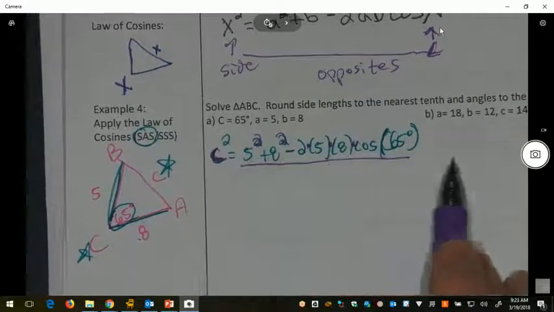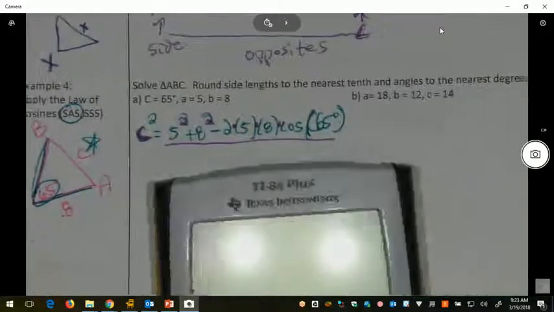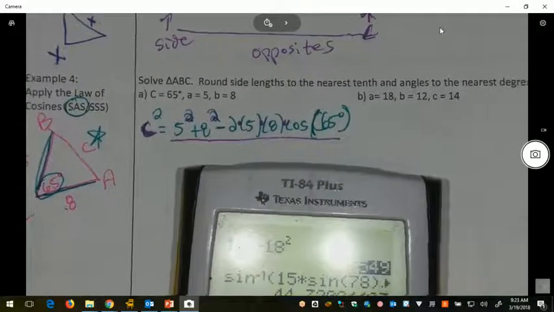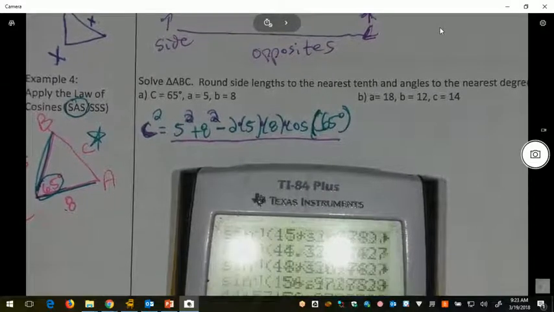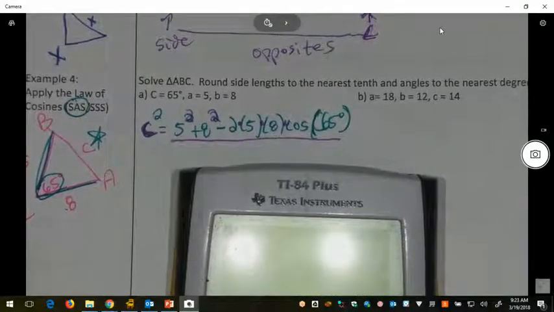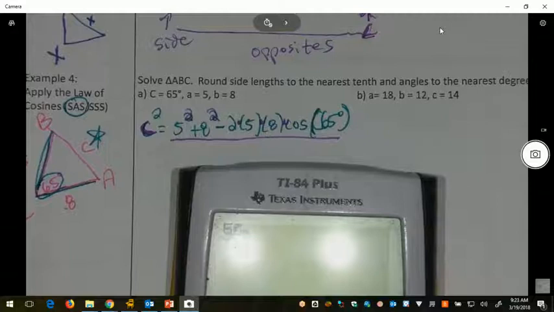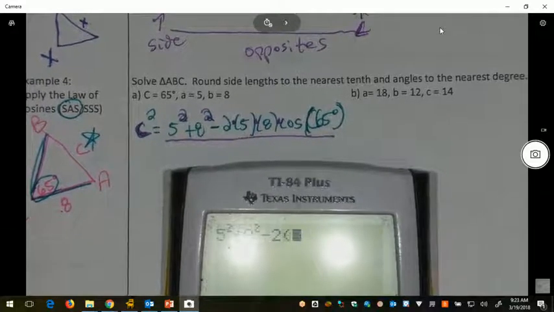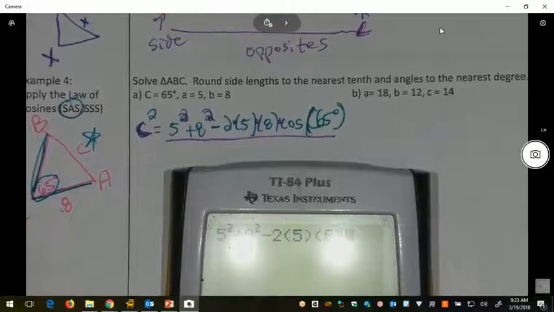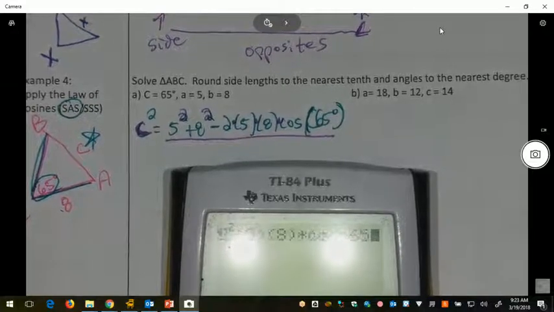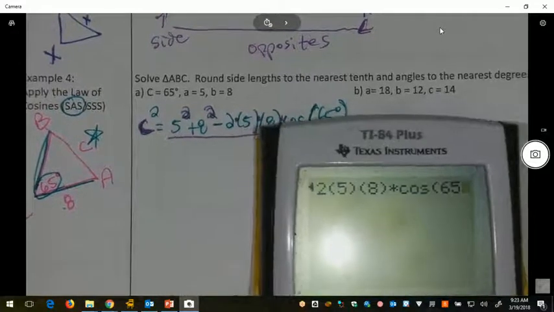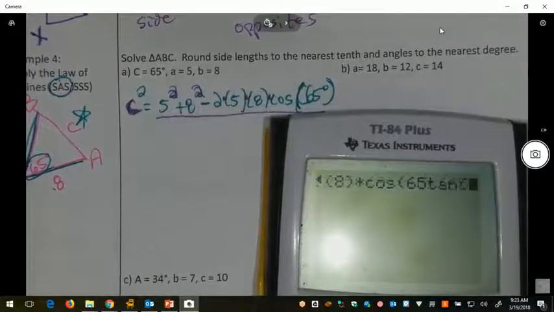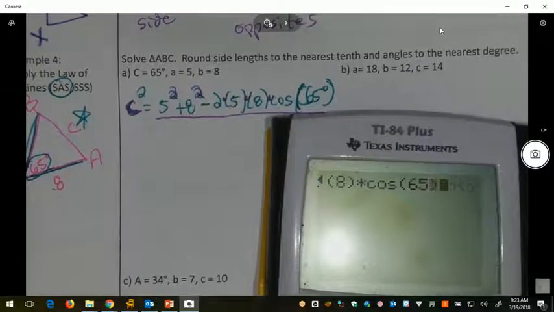So we're going to put all this in the scientific calculator at once, or graphing calculator, because they can do order of operations for us, which is helpful. So 5 squared plus 8 squared minus 2 times 5 times 8 times cosine of 65. Close parentheses.